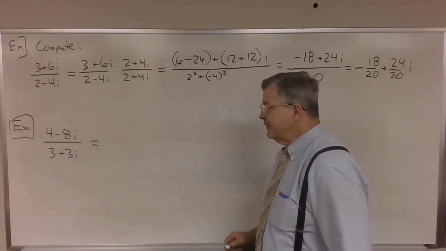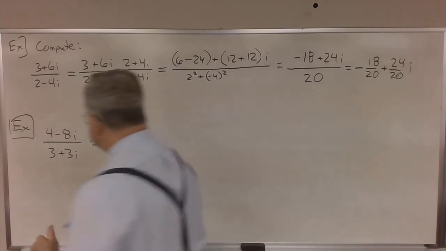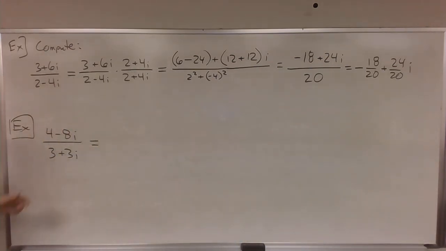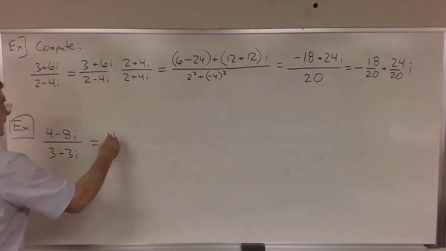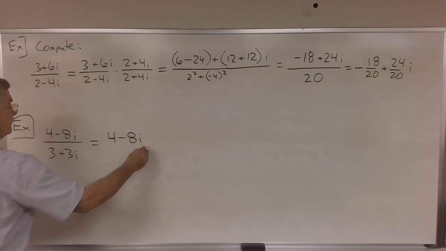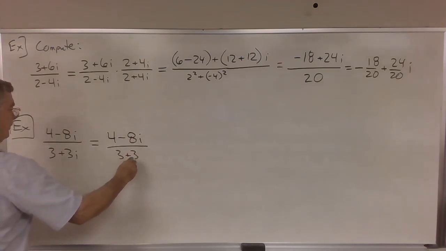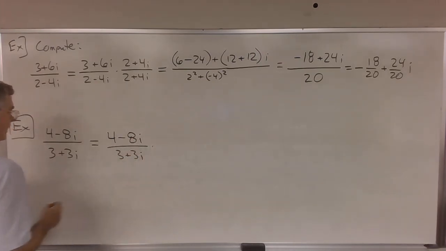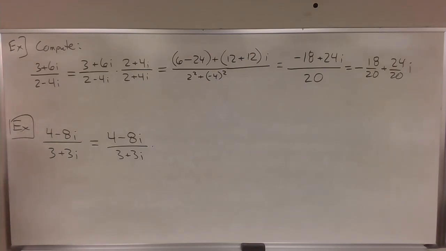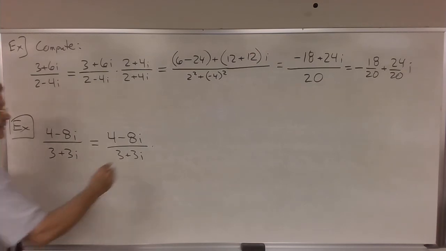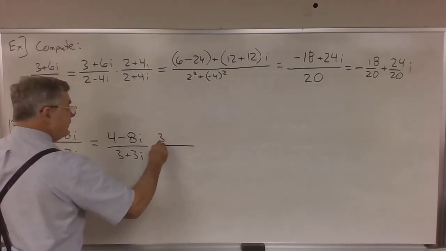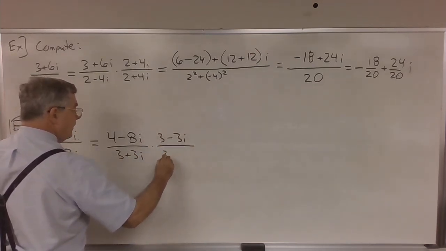Okay, we do this the same way. Our goal is to transform this into a quotient where the denominator is a real number. So we take the original expression and we multiply top and bottom by the conjugate of the denominator. So that's going to be 3 minus 3i.